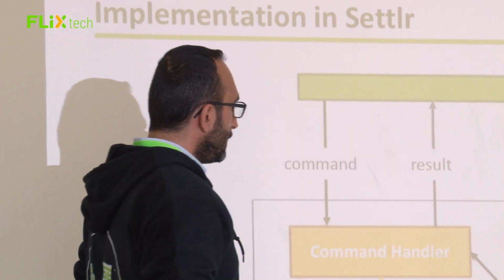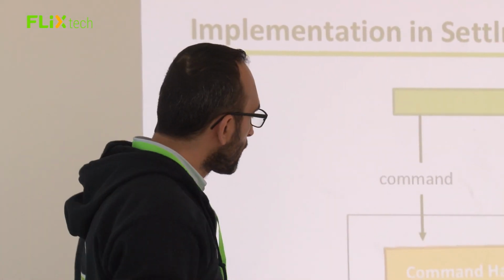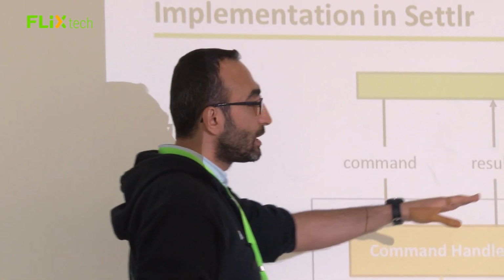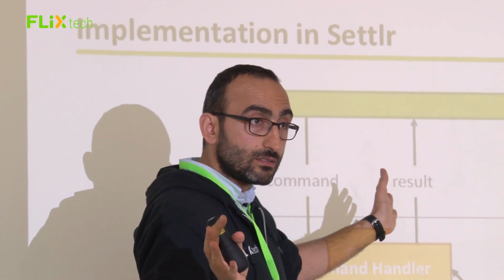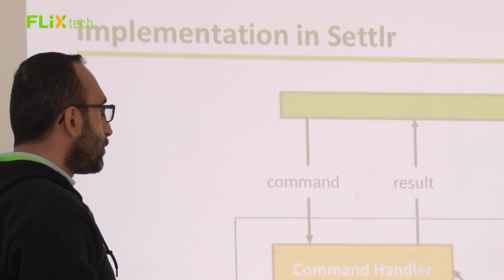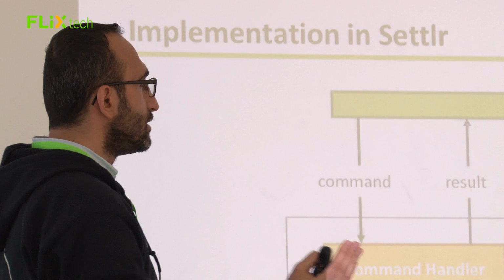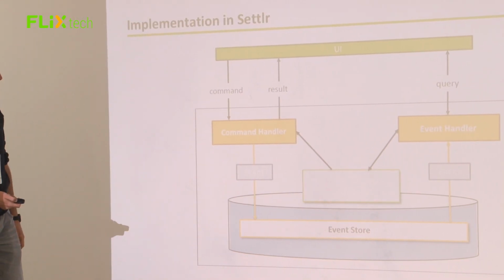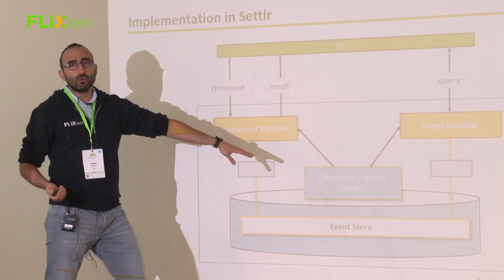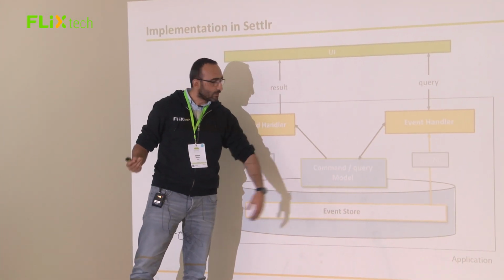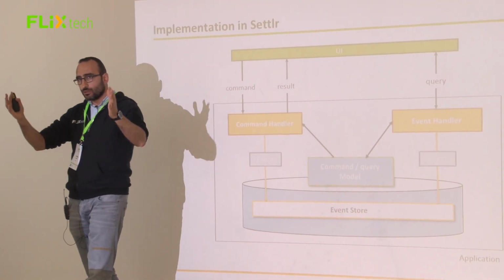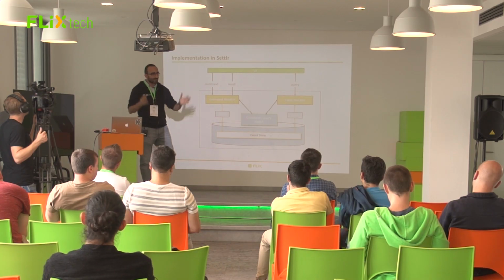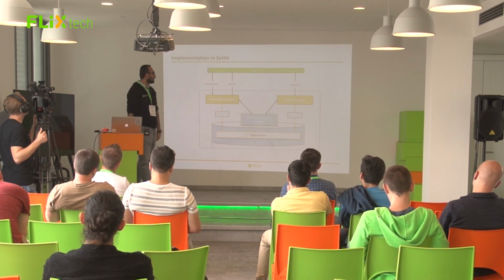So this is our application. We still have a command handler and event handler, like in CQRS, but both handlers reside in the same application and the same deployment. They share the same model. So we are not segregating the models. We have the command and the query model as one model. It is also the aggregate. We even use it as a JPA entity.